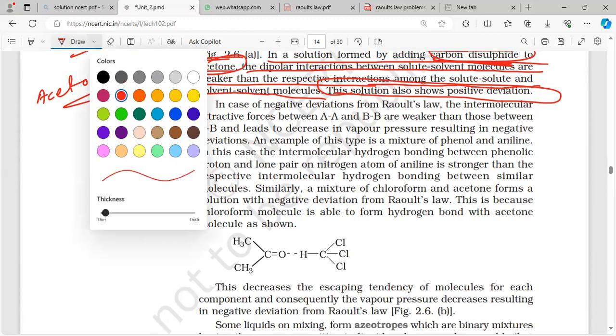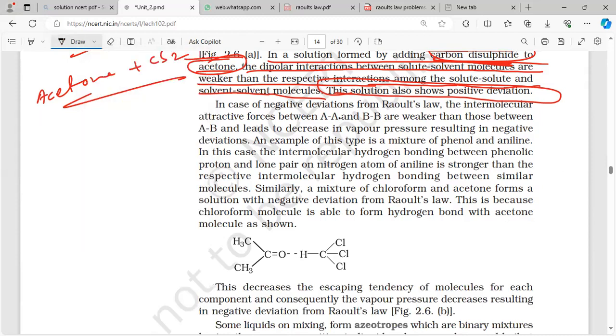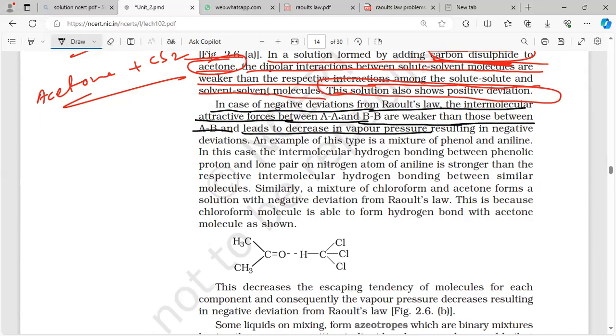Now see this one, the second case, also very important. In the case of negative deviation from Raoult's law, the intermolecular attractive forces between AA and BB are weaker than those between AB, and this leads to a decrease in vapor pressure, resulting in negative deviation. An example of this type of mixture is phenol and aniline. So the AB interaction becomes stronger.